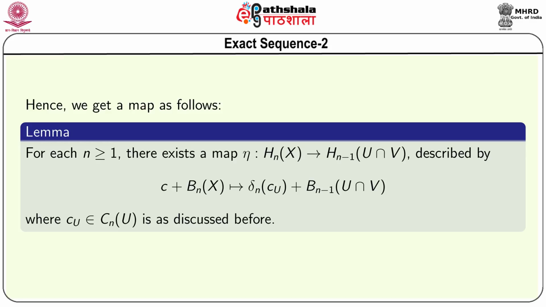With the help of that lemma, we get a map between H_n(X) and H_{n-1}(U ∩ V) for every n greater than or equal to 1, which is described by the element c + B_n(X) being sent to the element ∂_n(c_u) + B_{n-1}(U ∩ V), where c_u is an element of C_n(U) as discussed before.